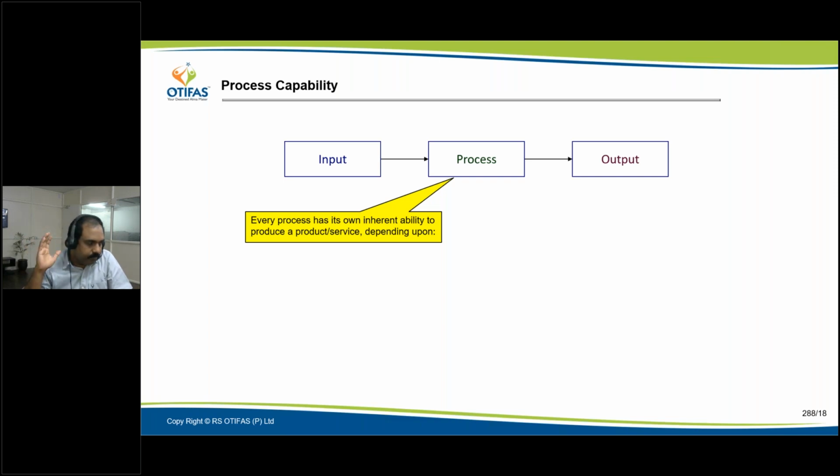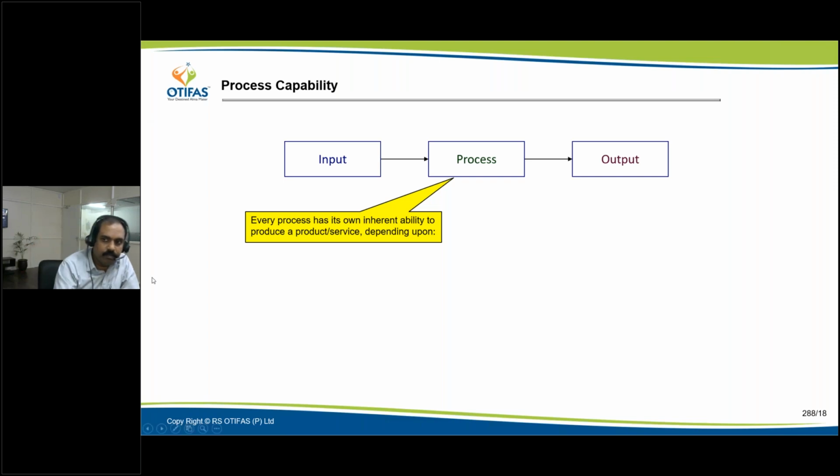Can you tell? Please give me some ideas. Input type and process parameters. Input, so we are taking input separately, but what about the process? What makes a capable process?